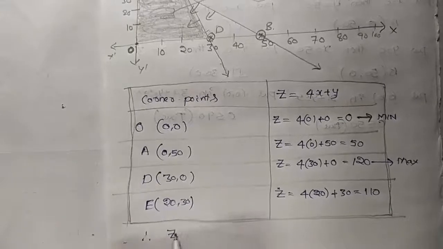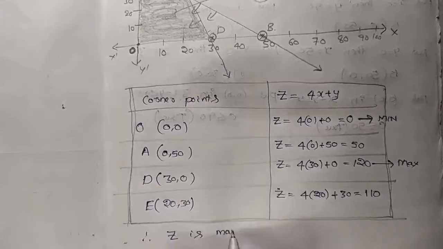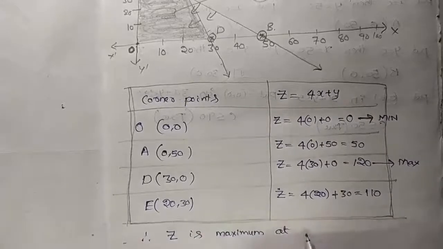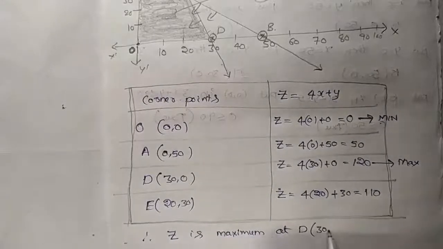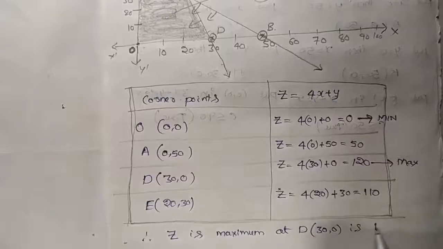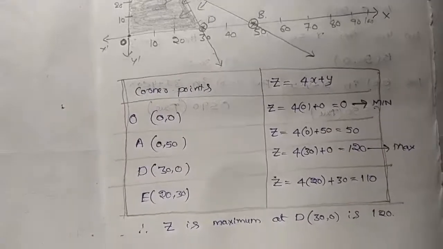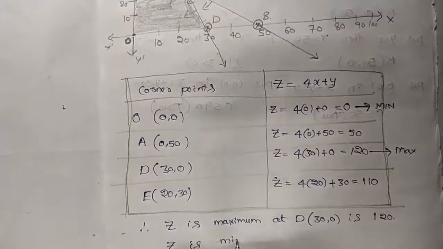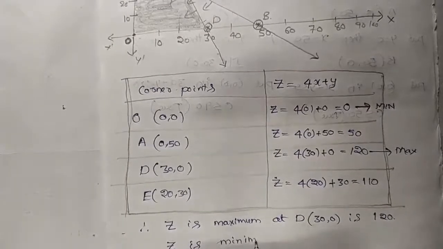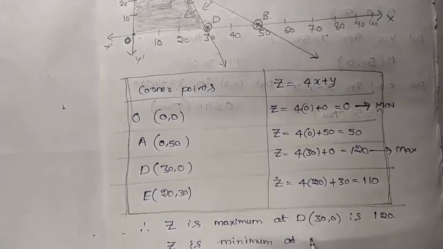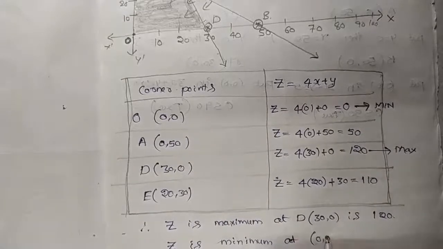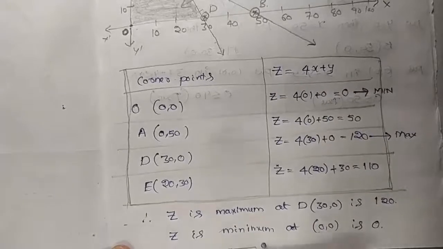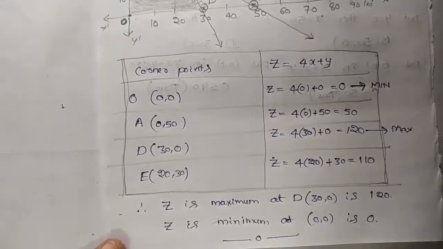Therefore, z is maximum at the point D, 30, 0 is 120. If you want to write its minimum value, we can write z is minimum at origin 0, 0 is 0. Hence it is a solution for this question.